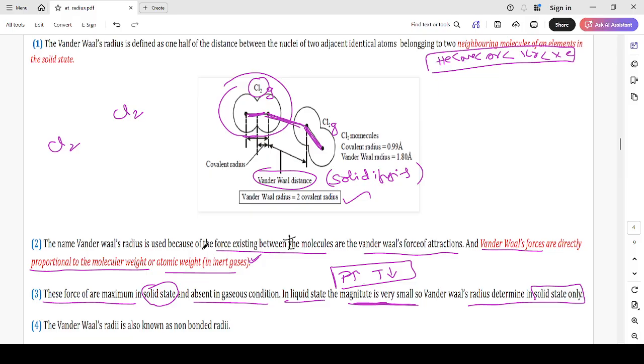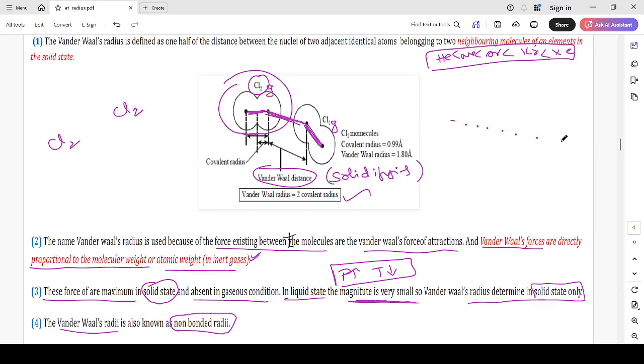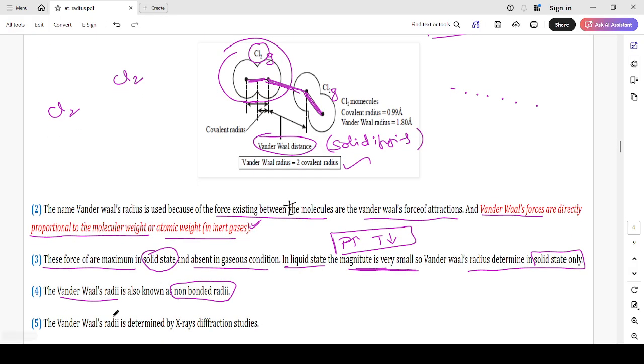Van der Waals radii are also known as non-bonded radii because there is no bonding here. It's just an interaction force that happens between the molecules. So it is a non-bonded radius. The van der Waals radius is also determined by X-ray diffraction studies. We have mentioned XRD already.